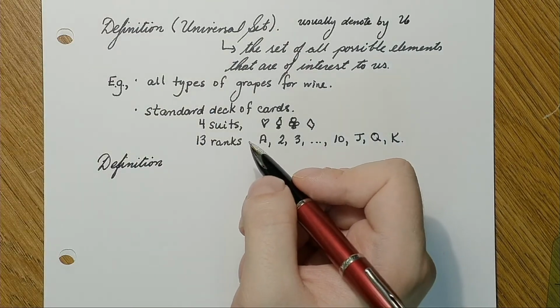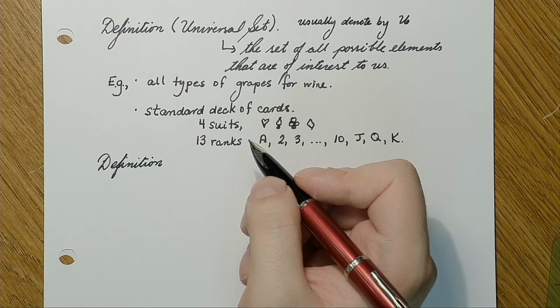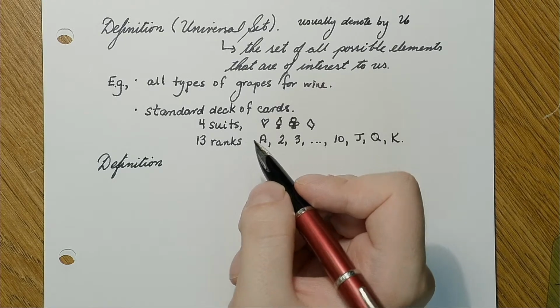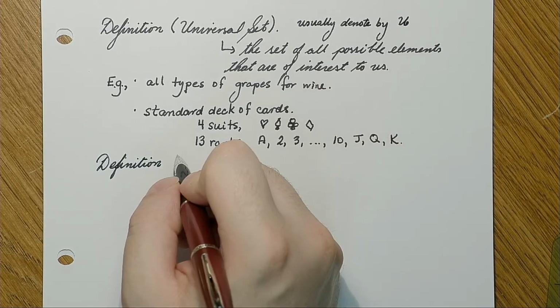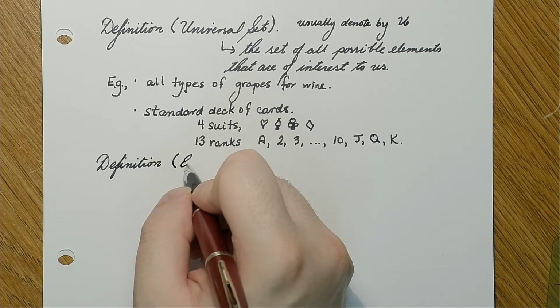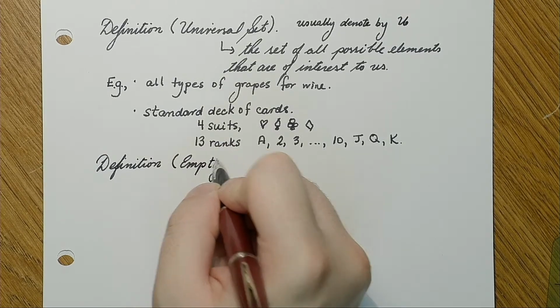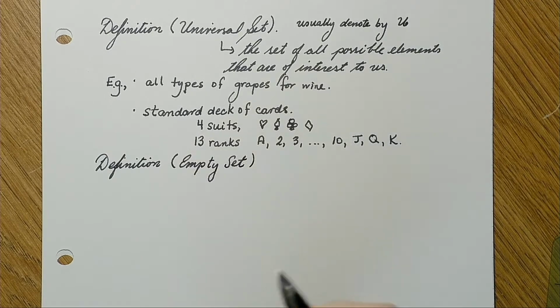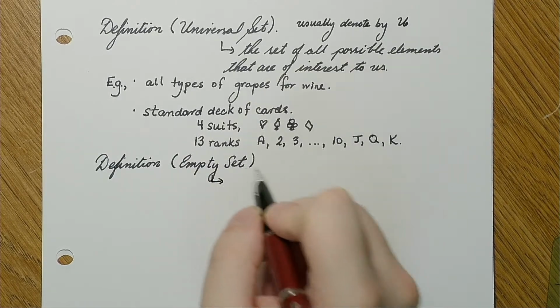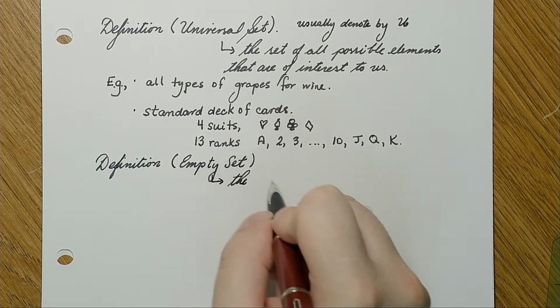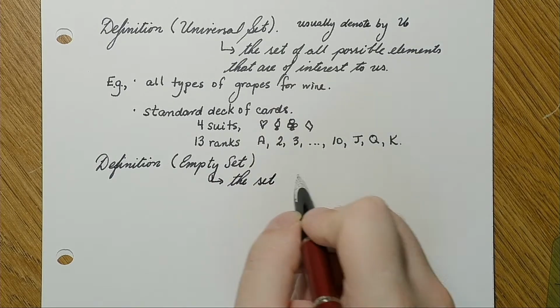So we talk about the universal set, the set that has everything of interest to us. The opposite of that would be the empty set, the set that contains nothing.